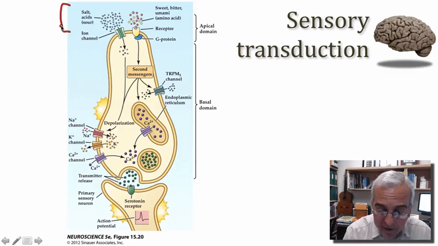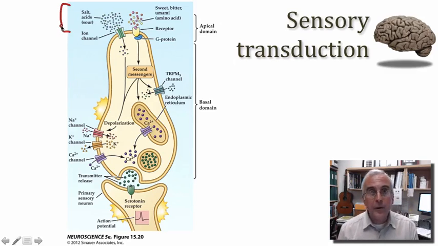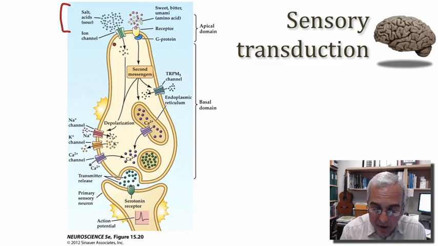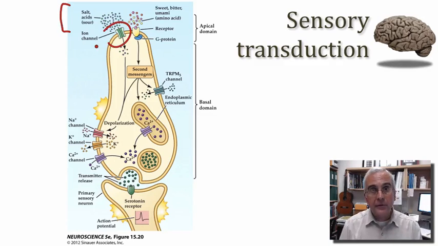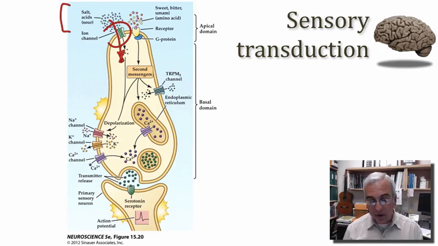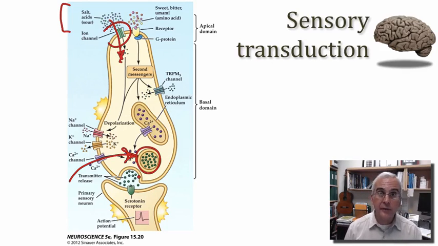For the salt and the acids or the sour tastants, they interact with ion channels that have receptors on the extracellular face of these receptors. So when the tastant interacts, an ion channel opens, and positively charged cations can enter the cell, depolarize it, and that leads to the activation of voltage-gated channels that ultimately allow for the entrance of calcium at the basal region of the cell, and in a calcium-dependent manner, there's the exocytosis of vesicles that contain the neurotransmitter serotonin.